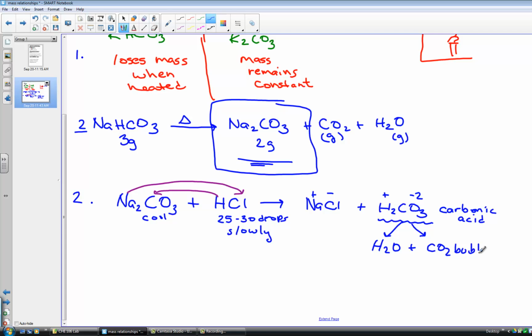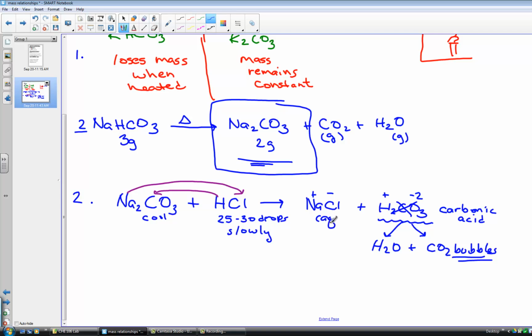This is the driving force of this double displacement reaction, the bubbles of CO2. So this is made but decomposed immediately into liquid water and carbon dioxide gas. So we have salt water left in the dish because carbon dioxide bubbled out.